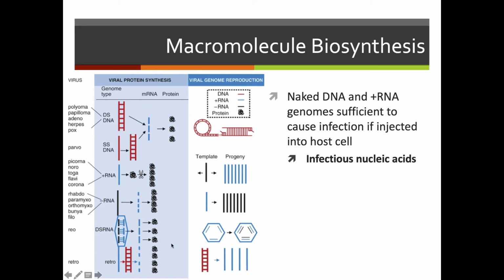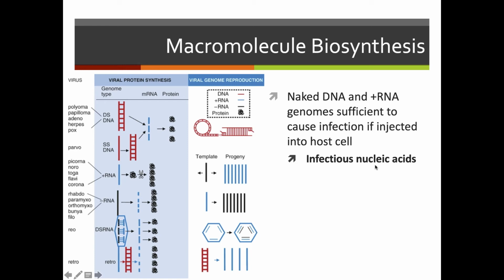Again, this is a rather complicated image that we will talk about each different group of viruses when we get there. But you see naked DNA and positive strand RNA genomes are sufficient to cause infection if just the genetic material alone is injected into a host cell. We call these infectious nucleic acids. This never happens in nature.